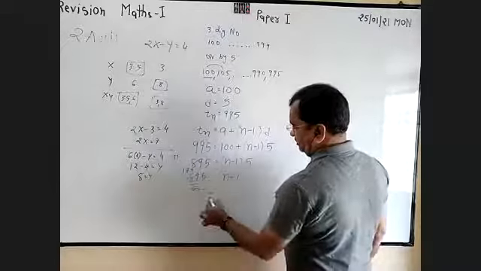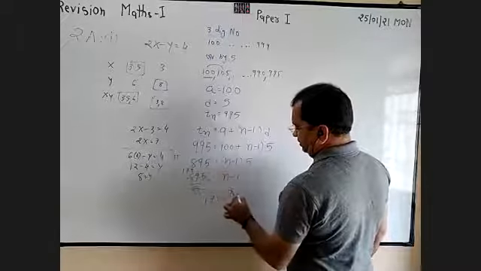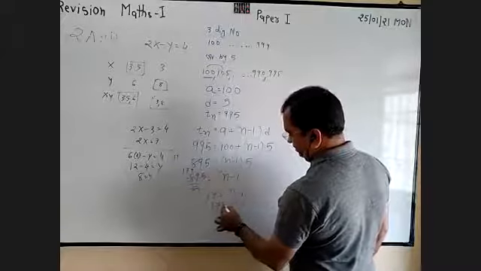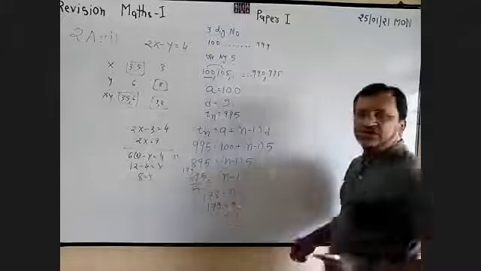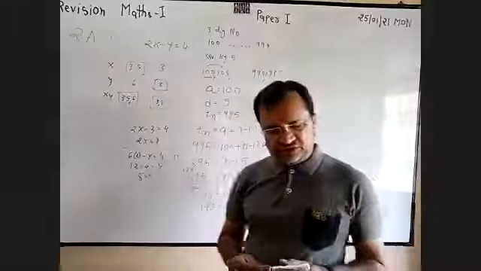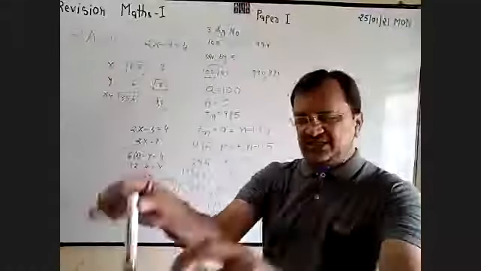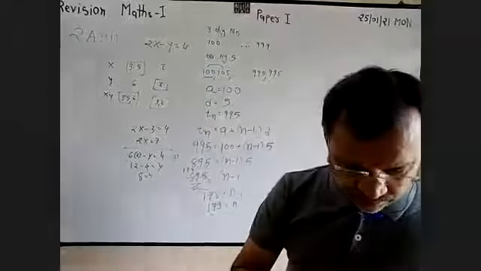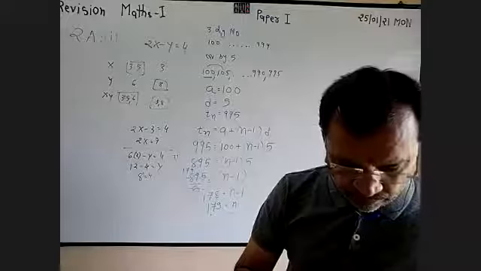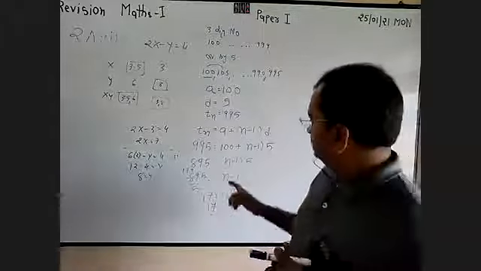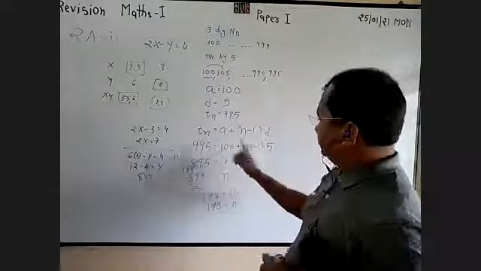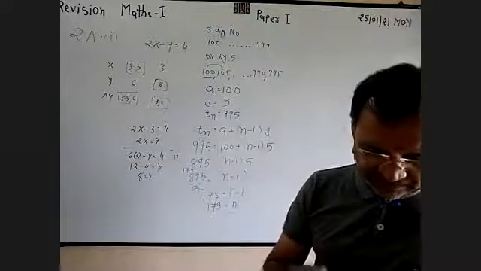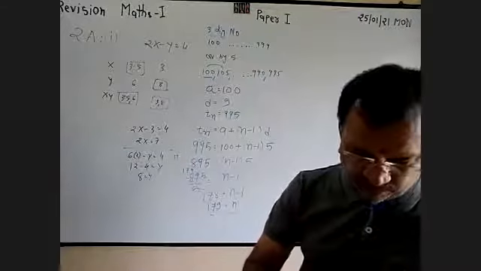So it is 178, n minus 1. 1 goes this side, so 179. So there are how many numbers? 179 numbers are there. Correct.